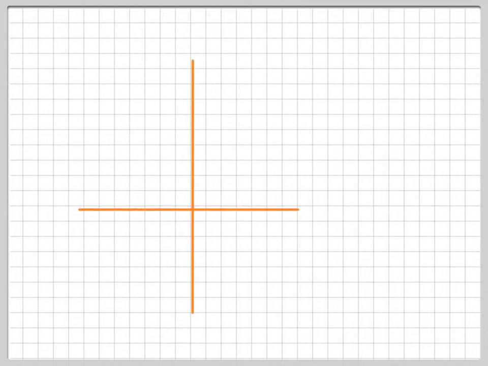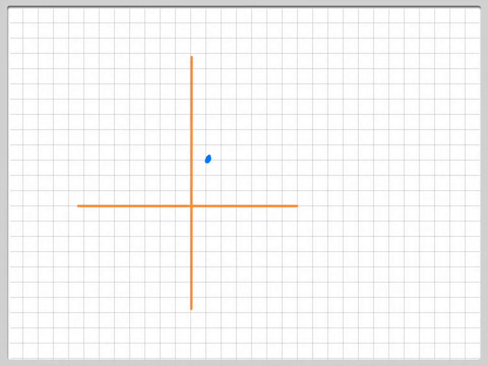All right, so I had the point (1, 3), which looks like it's about right there. Okay, my graph's a little bit off, isn't it? That's better. (1, 3), (2, 6), and (3, 9). And the point (-1, -3). And just as a reminder, this is my x-axis, this is my y-axis.